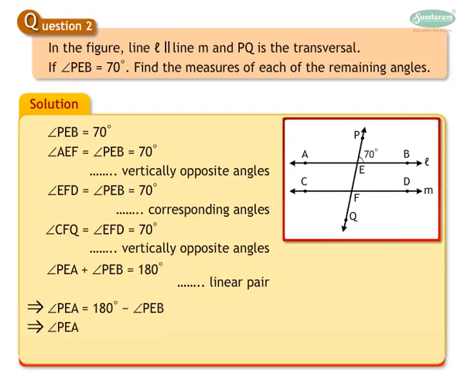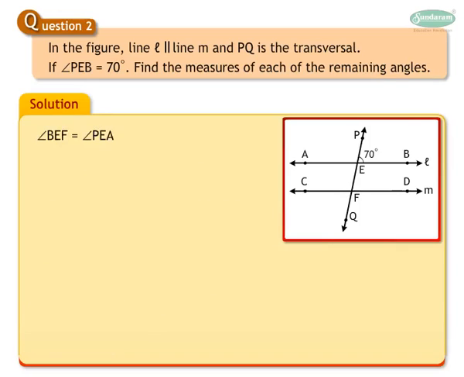So, angle PEA is equal to 180 degrees minus 70 degrees. Thus, angle PEA is equal to 110 degrees. Now, angle BEF is vertically opposite to angle PEA, so they are equal. Thus, angle BEF is equal to angle PEA is equal to 110 degrees.